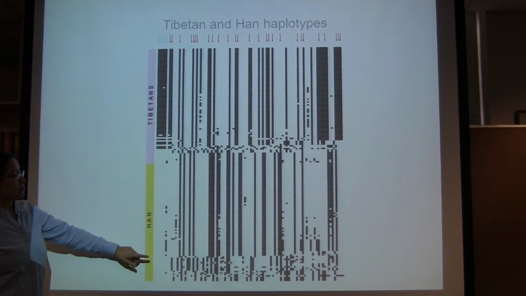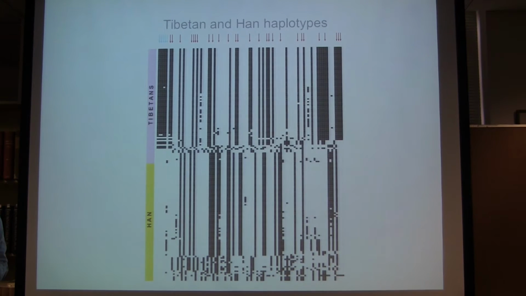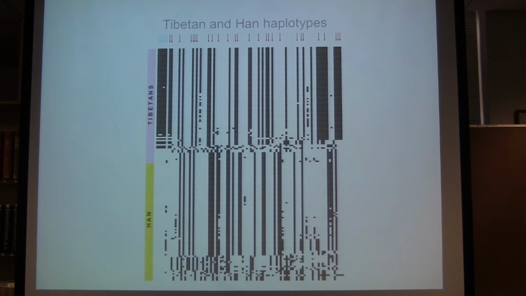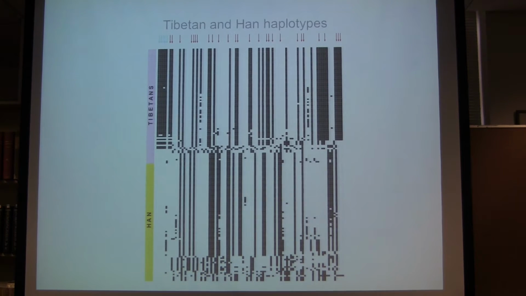If it's dark, that means it's a derived allele, so we're using the chimp as the ancestral allele. If it's gray, that means it's an ancestral allele. And the rows at the top are just showing the sites that are the most differentiated between these two populations.